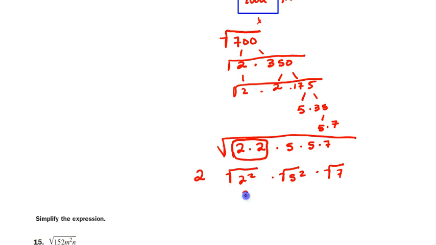And so this is 2 times 5 times the square root of 7, or 10 times the square root of 7 would be the side length of my square. And that's simplified.